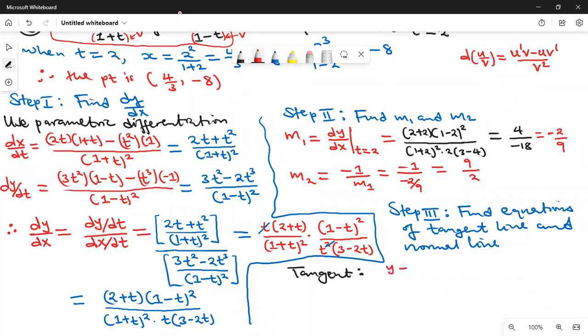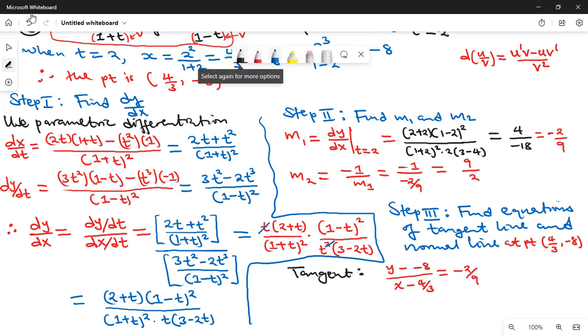It was (4/3, negative 8). So that would be y minus negative 8 over x minus 4 over 3 is equal to m1, which is negative 2 over 9.